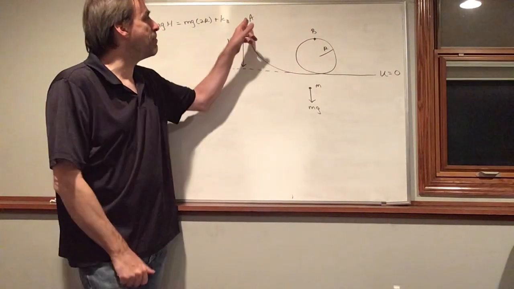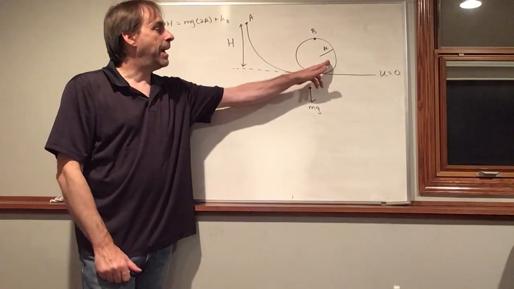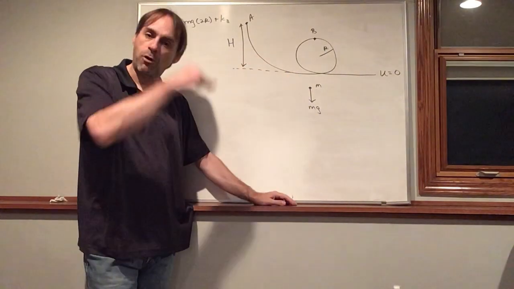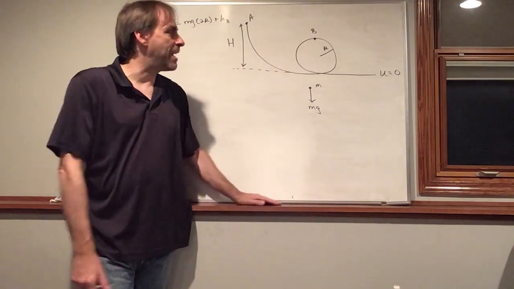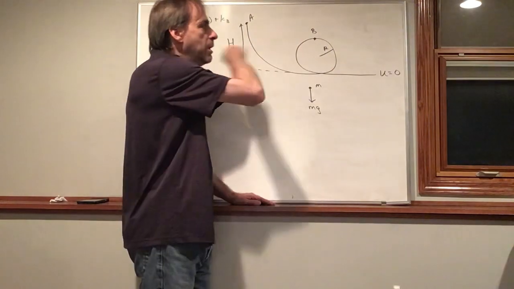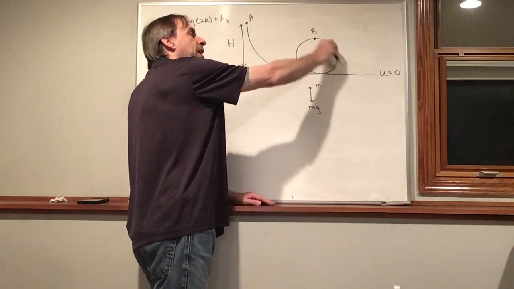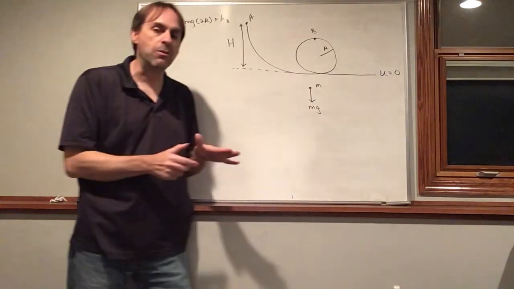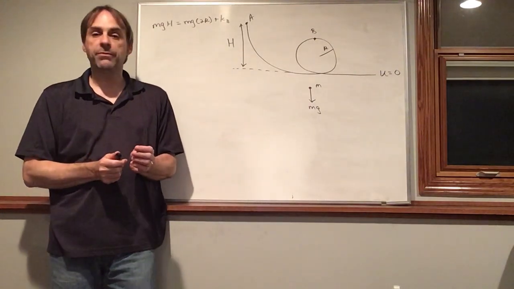So you can imagine if this mass is moving very fast, it wants to keep going up. And gravity is pulling it down, but if gravity is not enough, the track has to push it down to keep it moving in a circle. Like if the track wasn't there, if it's going fast, it wants to keep flying upwards. So the track generally will push downwards on the mass.